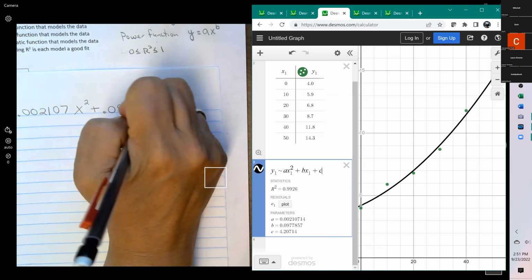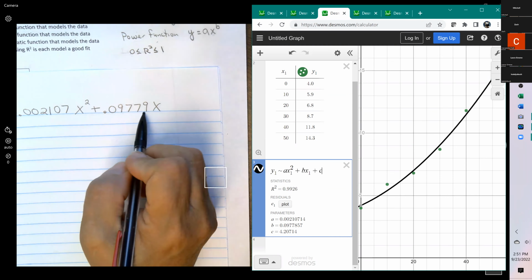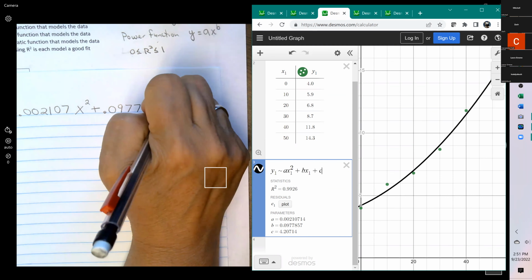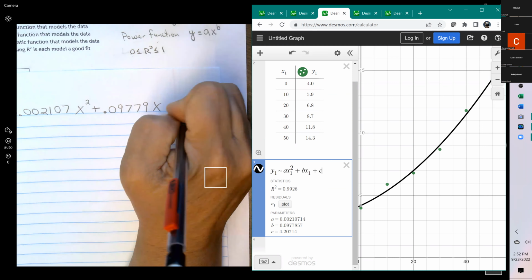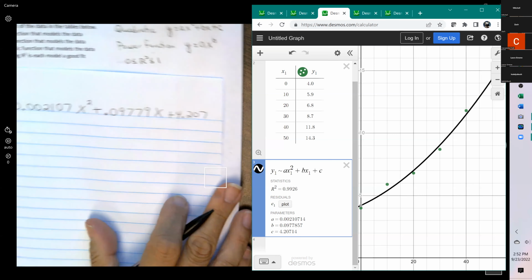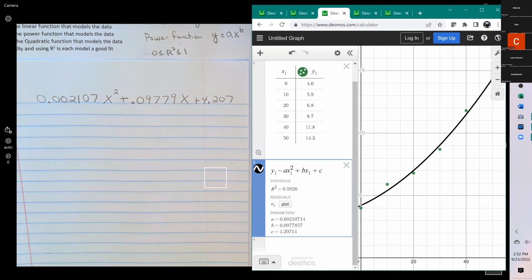And then that 8 becomes a 9x. This is 4 significant digits. And then positive 4.0207. That would be 4 significant digits. So be careful if it says decimal places or digits.